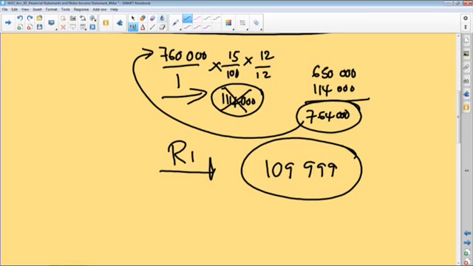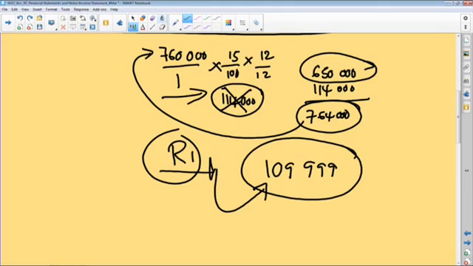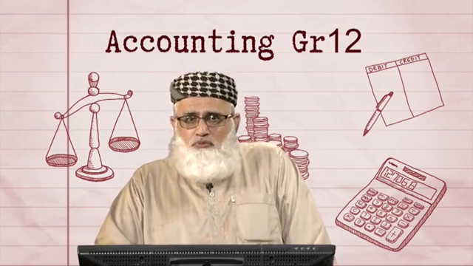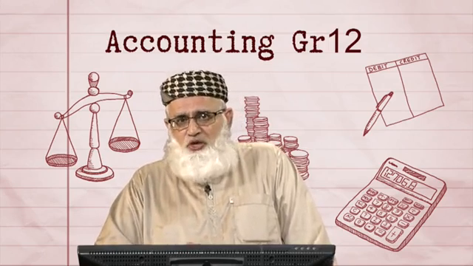Ask yourself, what's the maximum that I can write off? If I've got 650,000 accumulated already, right? And I want to be left with a carrying value of 1 rand, then the maximum depreciation that I can write off is 109,999 rand.